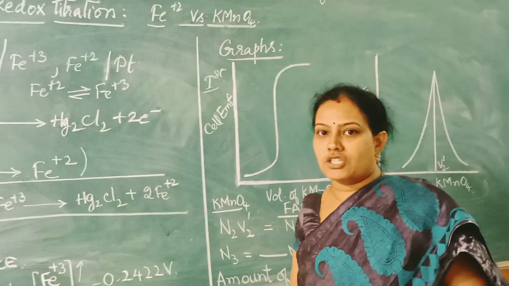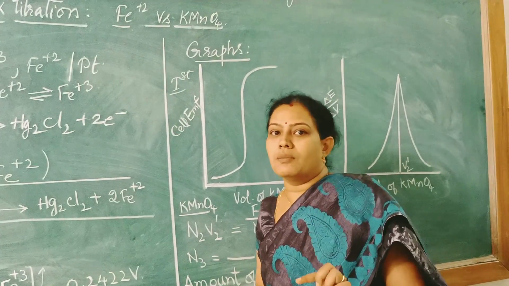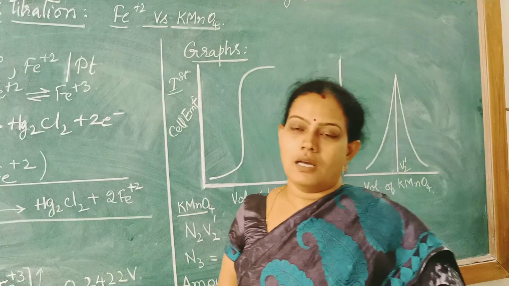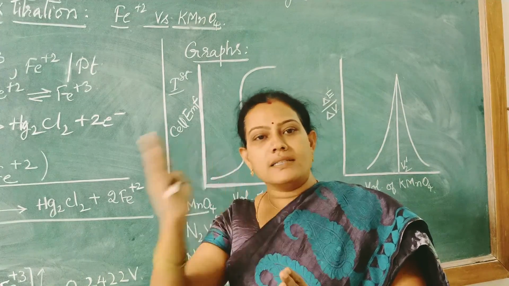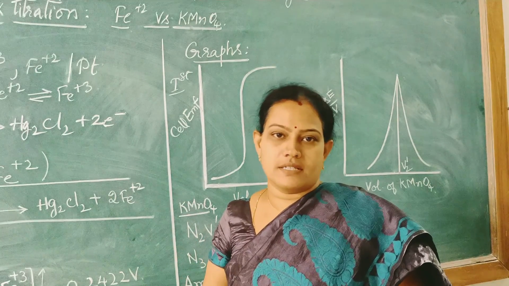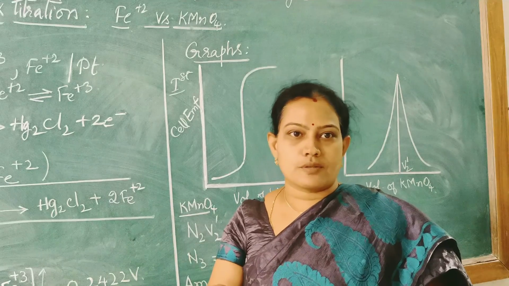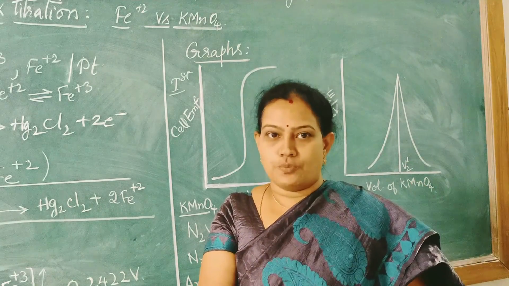In estimation, as demonstrated in the previous experiment, we take 20 ml of ferrous solution along with the platinum electrode, and the other half cell is going to be a calomel electrode with saturated KCl solution. Then we place the salt bridge again, connecting both the electrodes to the potentiometer.